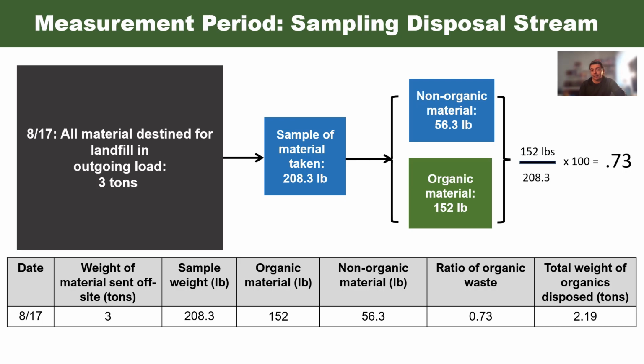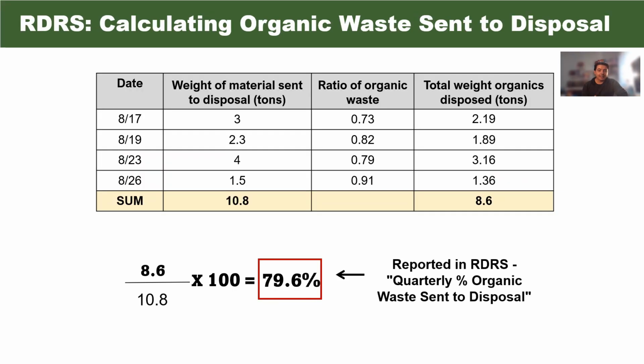And that's what we're going to take for our daily weight and ultimately get a total to determine that quarterly percentage. So using that daily total and the rest of these totals that we have in this example, we can now determine the quarterly percentage of organics that were disposed. So what we need to start with is taking the total weight of organics that were disposed, and this is the actual organics based on those samples being taken. So of those 4 samples, the total comes out to 8.6 for total weights of organics disposed.